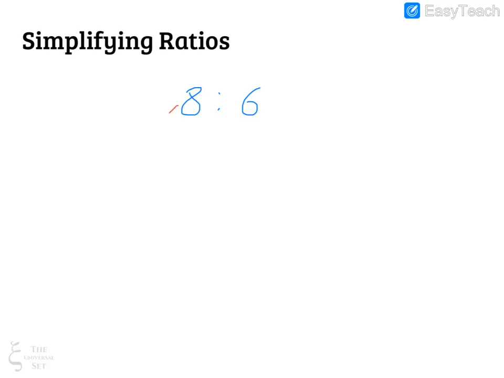So that means I can take that 8 and I can divide it by 2, and I can take that 6 and I can divide it by 2. And if I do that, what do I get? Well, 8 divided by 2, that's going to be 4. 6 divided by 2, that's going to be 3. So the ratio is 4 to 3. And that's simplified.